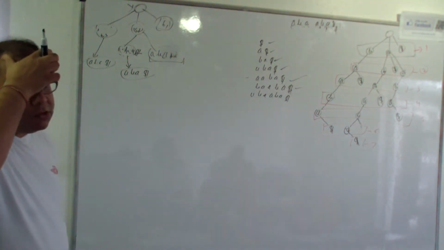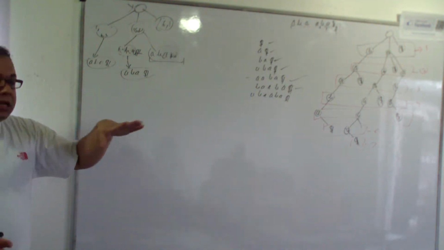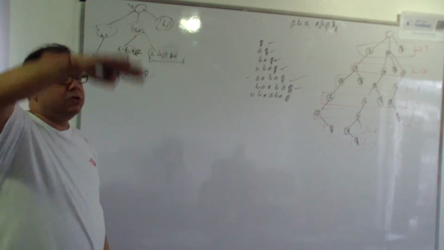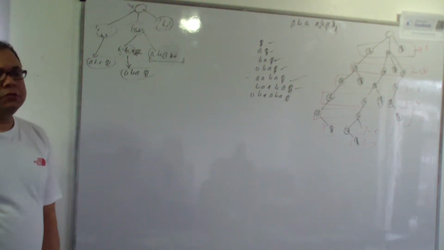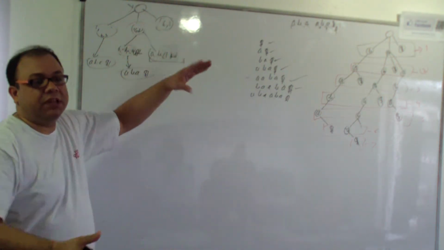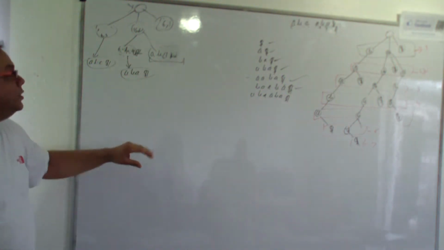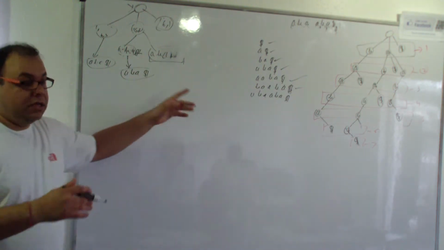But if you create a 500 character long string, it basically goes up to more than 100, 200k nodes, which is too much. So that's why we need to compress it even further. I don't think they will actually ask you that.